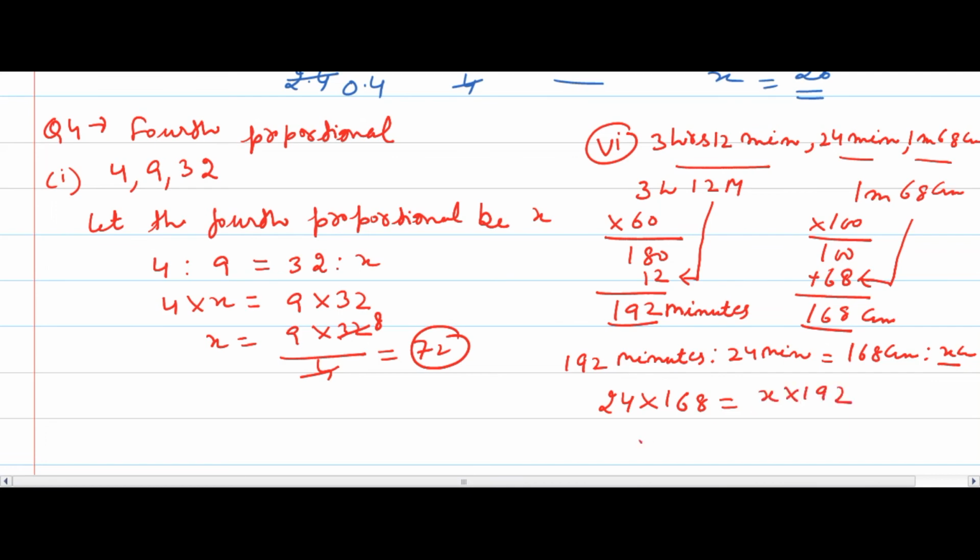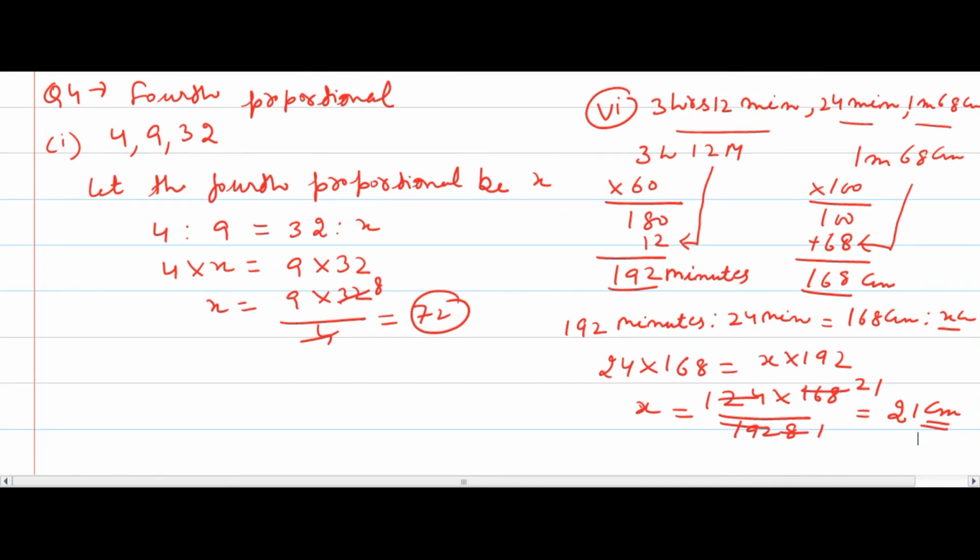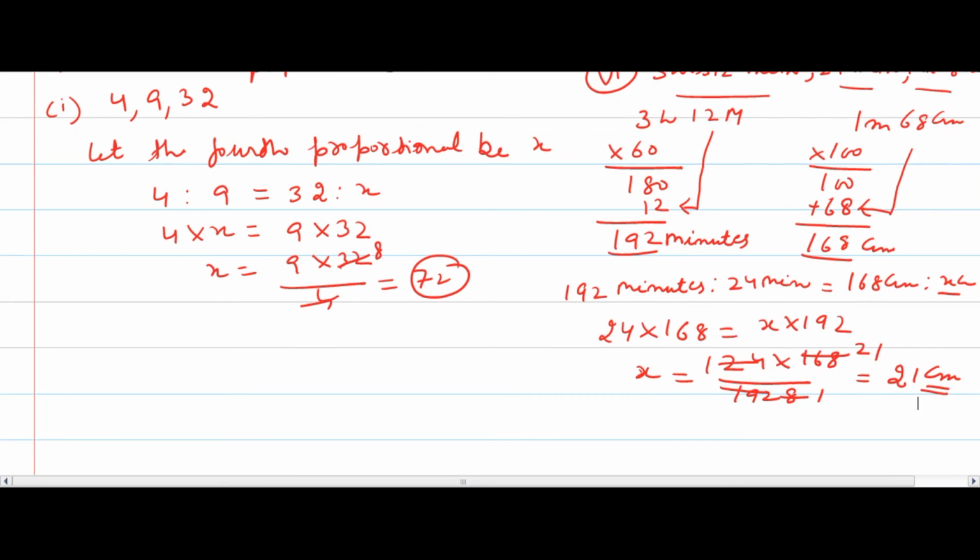So we will get x as 24 multiplied 168 by 192. 24 1 ja 24, 24 8 ja 192, 8 1 ja 8, 8 2 ja 16. So we will get x is equal to 21 centimeter, right students? So this was your remaining parts you will do at home. This is your homework.